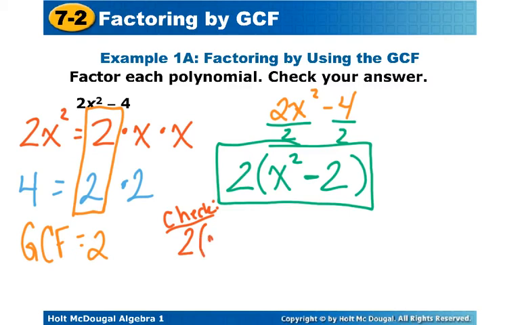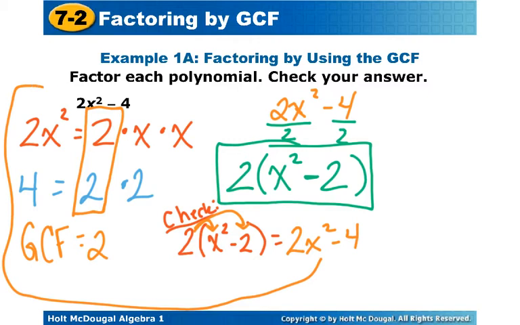So you're going to take what you got as the factored form, and then apply your distributive property. So 2 times x squared gives me 2x squared, and then 2 times negative 2 is just going to give me negative 4. And if I look back to what I originally started with, that is what my original problem was.